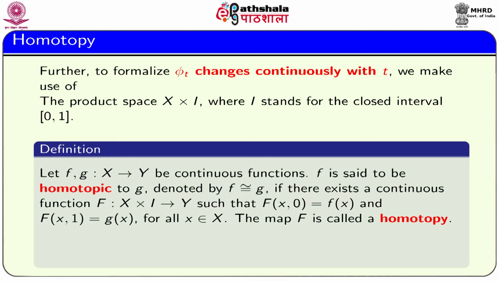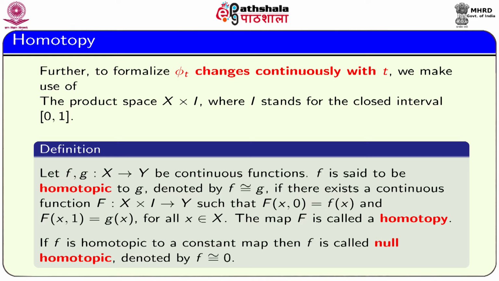So, we give the formal definition of homotopy this way, that given two continuous functions f and g from X to Y, f is said to be homotopic to g, denoted by f homotopic g, if there exists a continuous function capital F such that F(x,0) is small f(x) and F(x,1) is equal to small g(x) for all x belonging to capital X. The domain of capital F is the product space X cross I and the range is capital Y, and this capital F is called the homotopy.